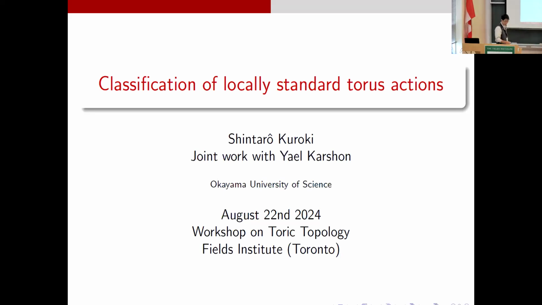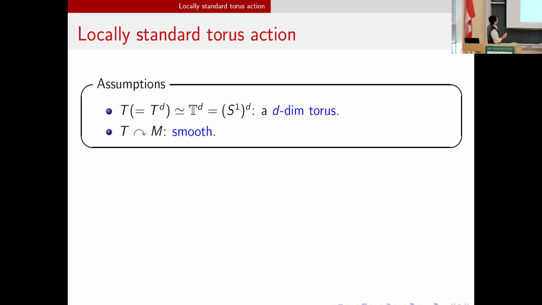Okay, let's start my talk. This is joint work with the passion. This is the title of my talk, classification of locally standard torus actions. Let me start from the definition of the locally standard torus action. These are the assumptions in this talk.